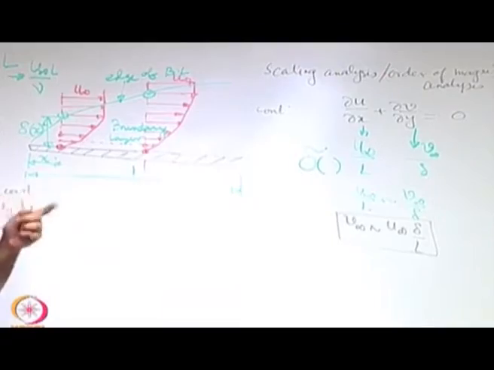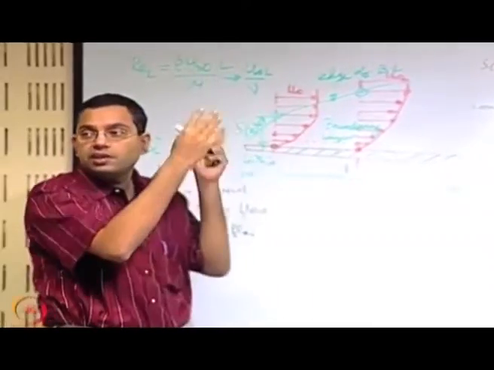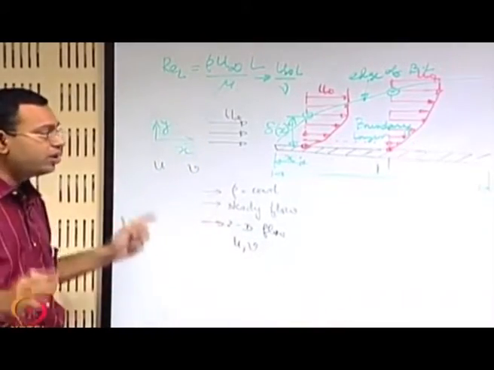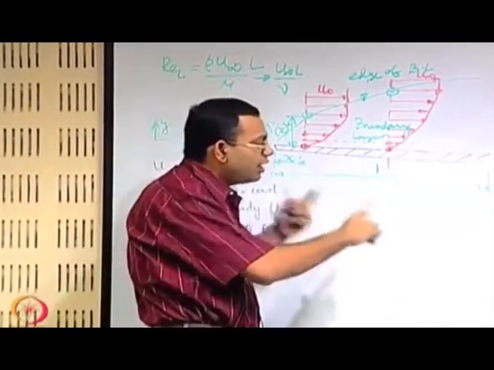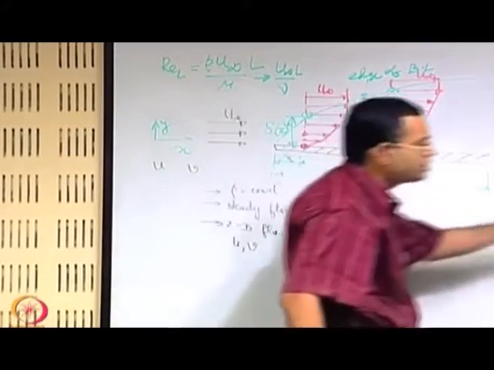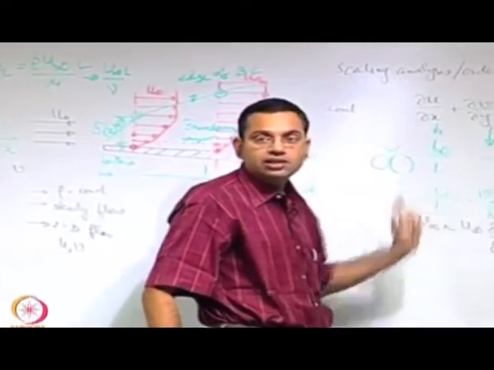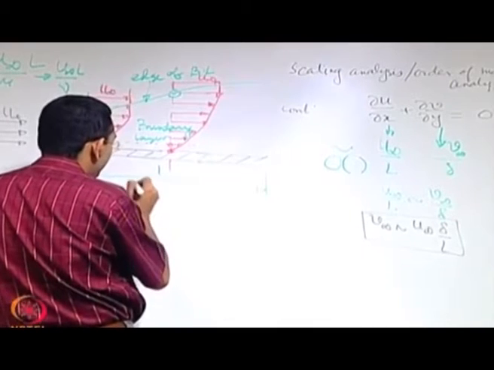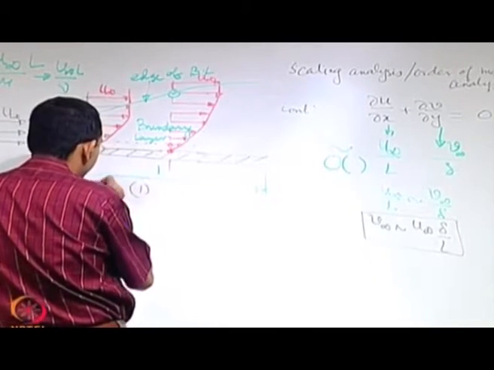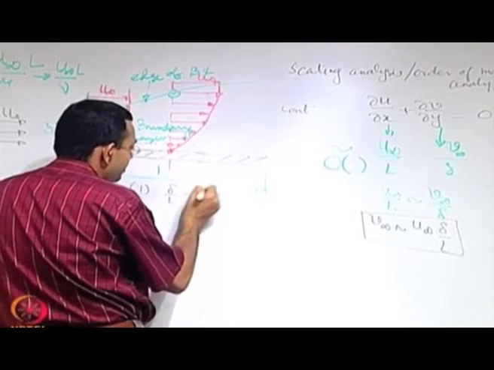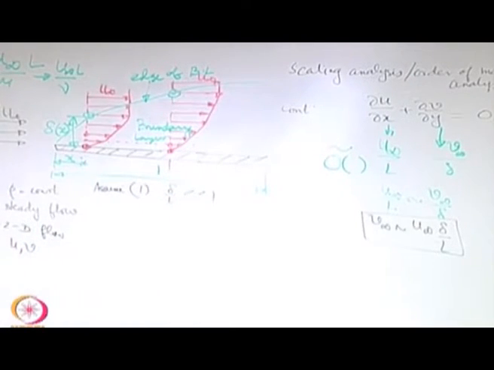There must be something from the system parameter description that should tell us whether delta by L is large or small, and we will now go through an exercise which will tell us how the system parameters will be linked with the smallness or largeness of delta by L. So the first important assumption that we are making is that delta by L is much less than 1, that is, small.